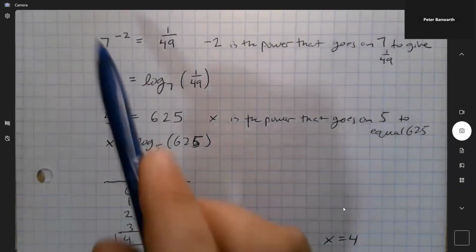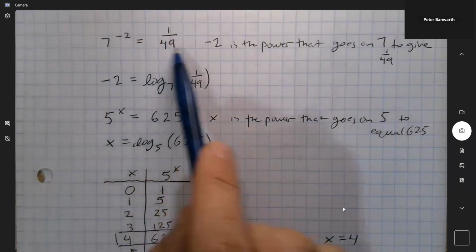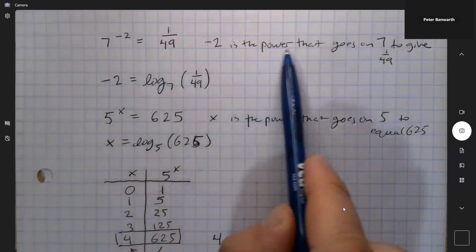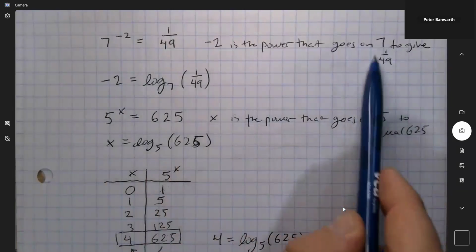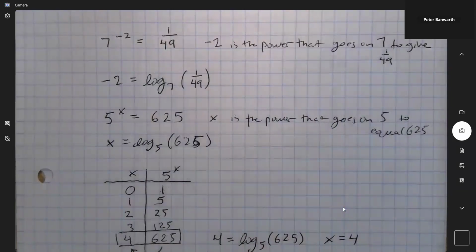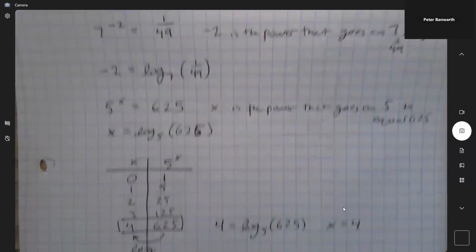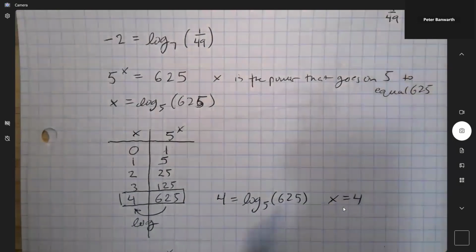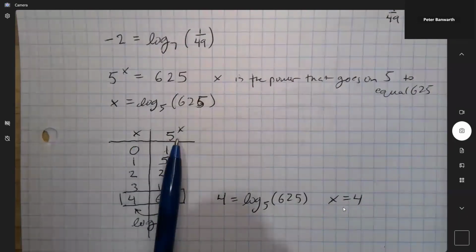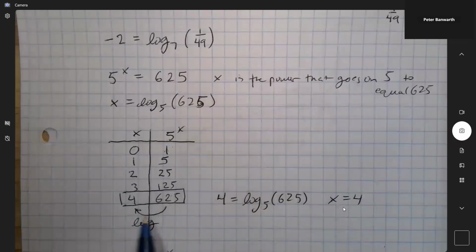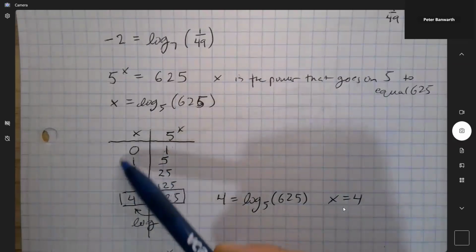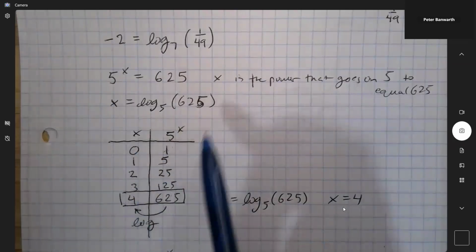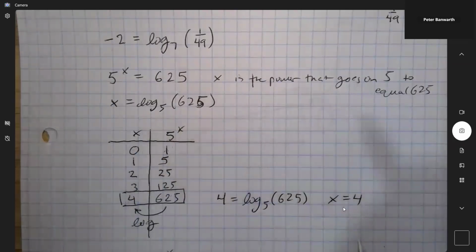Like 7 to the minus 2 is 1 over 49, which means minus 2 is the power that goes on 7 to give 1 over 49, and writing that as a logarithm. Understand that if you want to build a logarithm table, you can just build an exponential table and work right to left, working backwards. And notice these x's are all the powers. So a logarithm is a power.